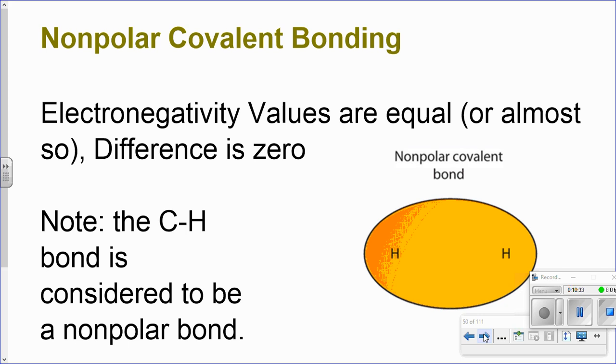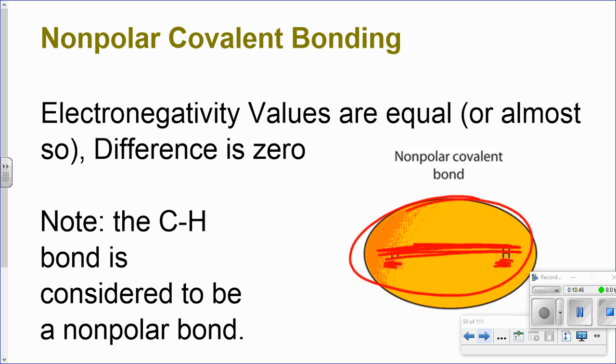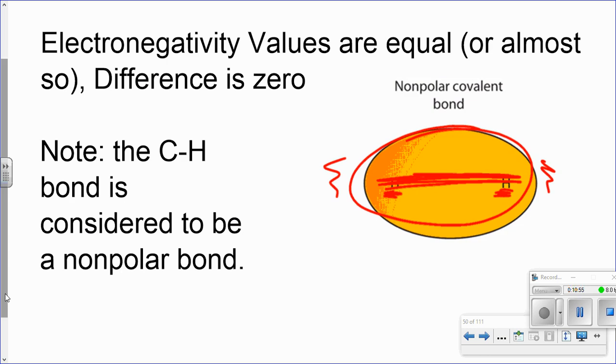Since they have the same electronegativity value, it doesn't matter where the electrons go. This blob right here shows the electron cloud. The electrons don't want to drift here or here, so it makes no poles, at least on a normal, everyday consideration.